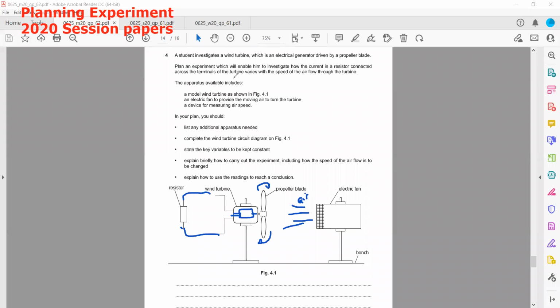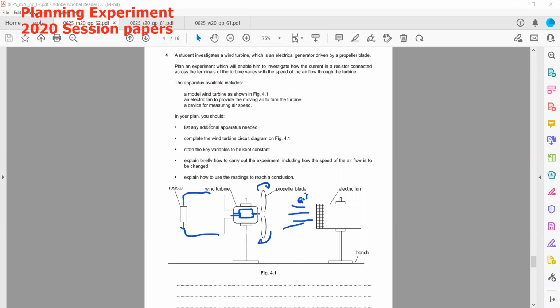The apparatus available, the model of a turbine, is shown in the figure. An electric fan is there for providing moving air to turn the turbine, and a device to measure the air speed is also given, the speed in meters per second.